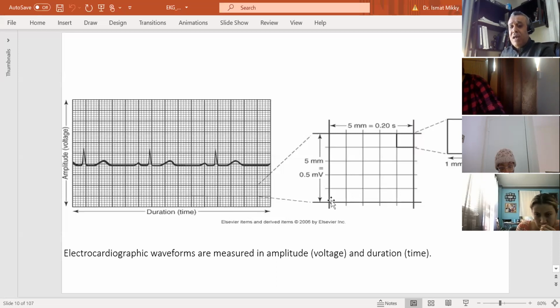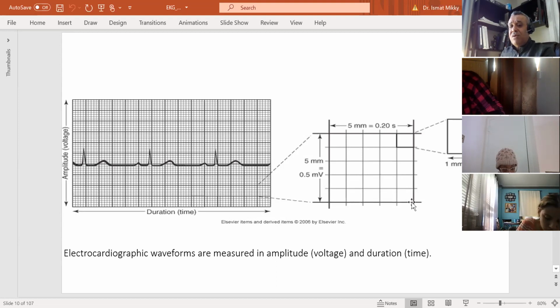So if the impulse took, let's say a P wave, if the P wave, from this point to that point, we'll say the P wave itself is 0.2 seconds. We'll talk about the PR interval and the QRS complexes, how to measure the complexes and the intervals. But for now, just know the duration for each box.